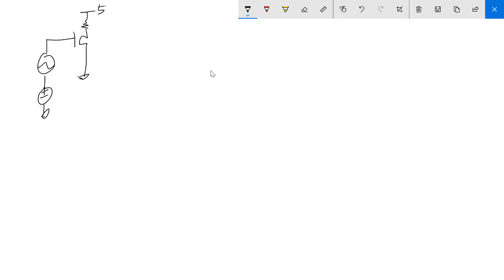And here's 5 volts, a 5K ohms resistor, and here's VL. And it is a 10:1 ratio. And this is 1 millivolts. And this is 2 volts. Okay. And the question is, what is VL AC wise?